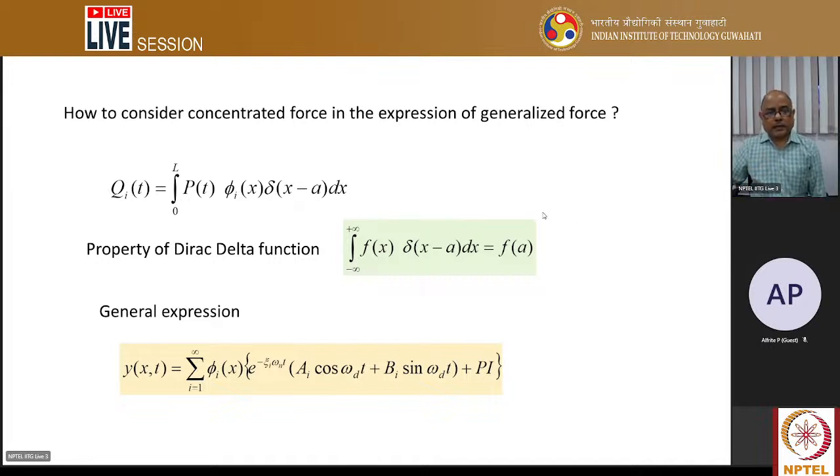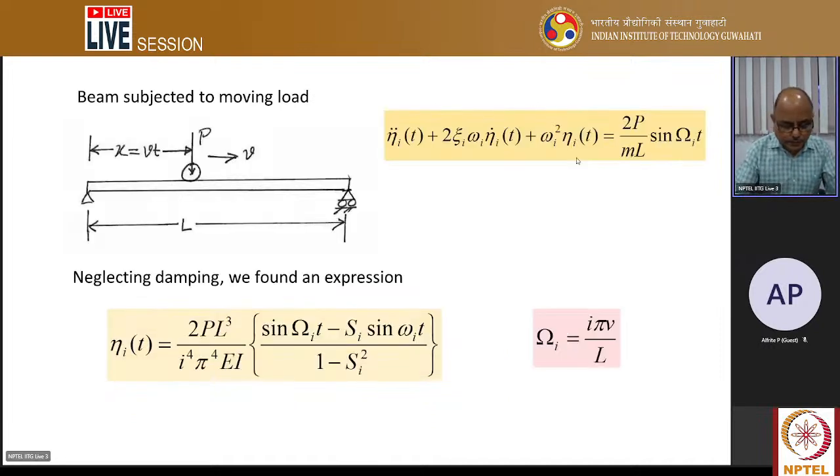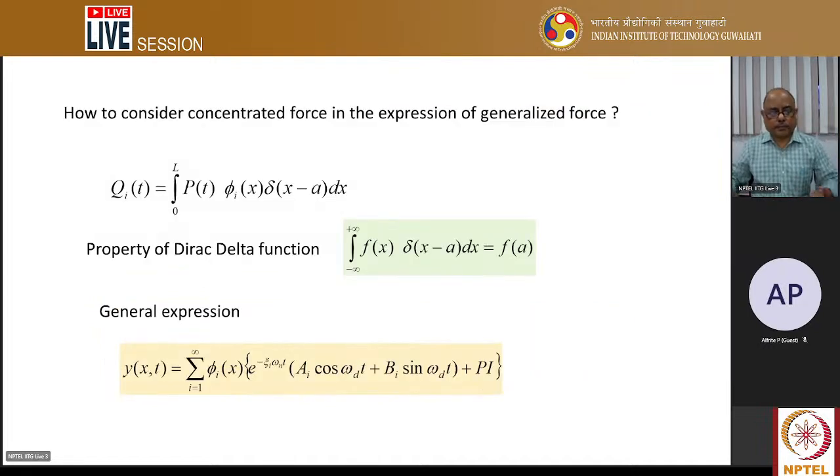Say P(t) is the force acting on the beam at a certain point. For example, suppose we have a beam here and we have a force P here at a distance a.